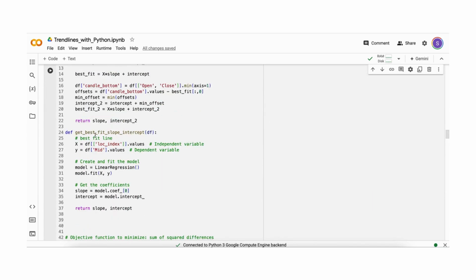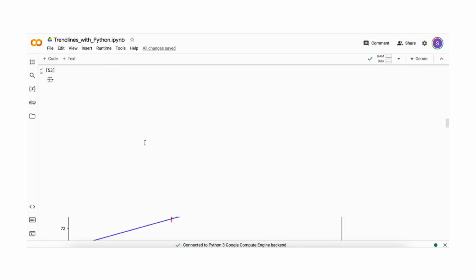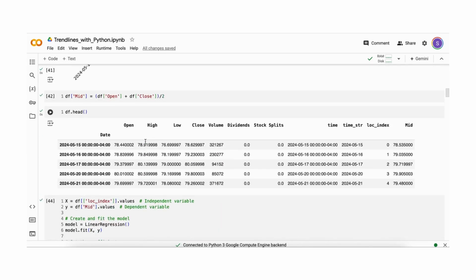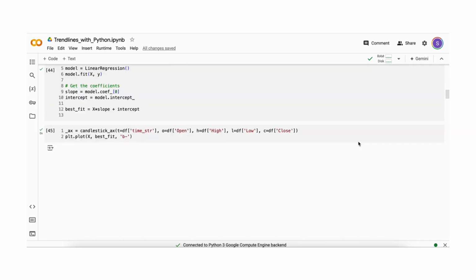How do we do this in practice? To get the best fit and the intercept, we need to find an x and a y. The x is what we define as the location index, which is simply the index of the time of the data. So for each of the data points, I have 0, 1, 2, 3, 4. That's simply an index of the time.